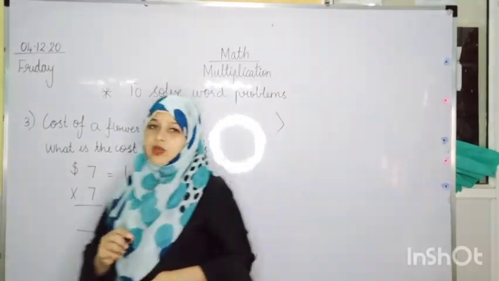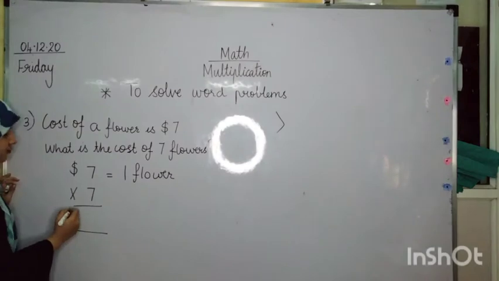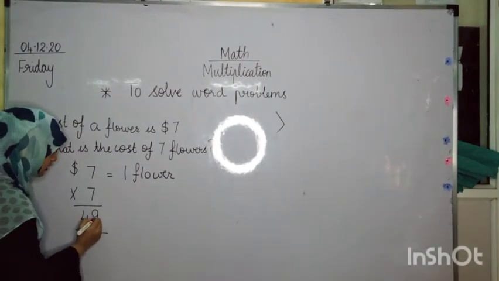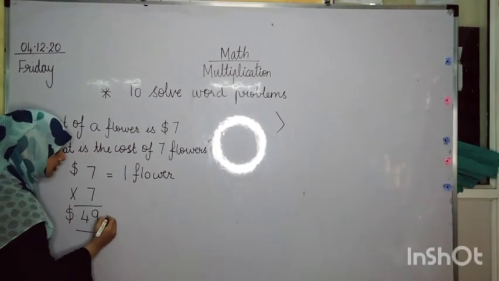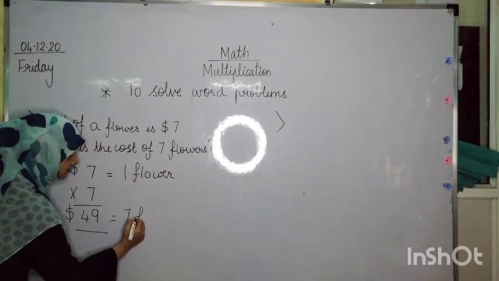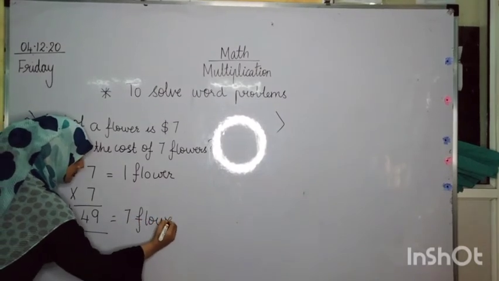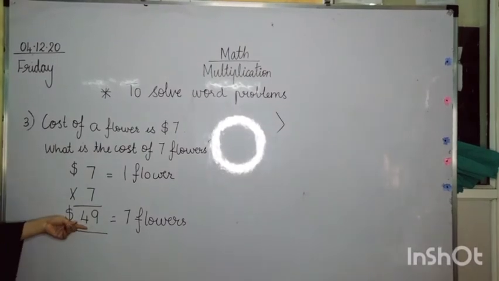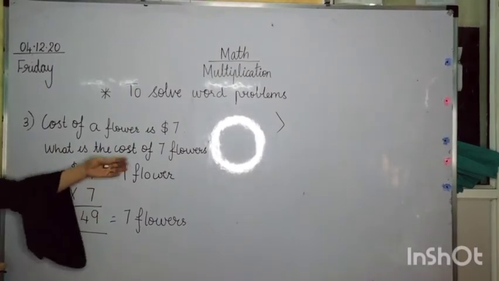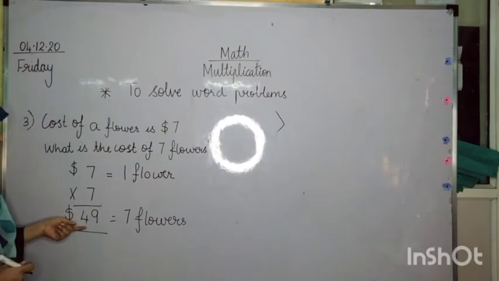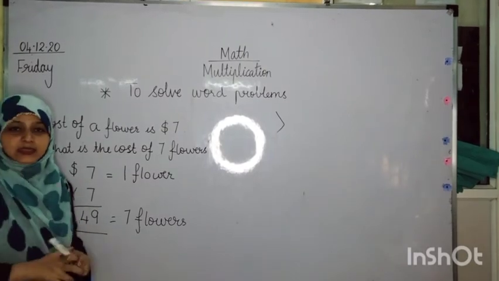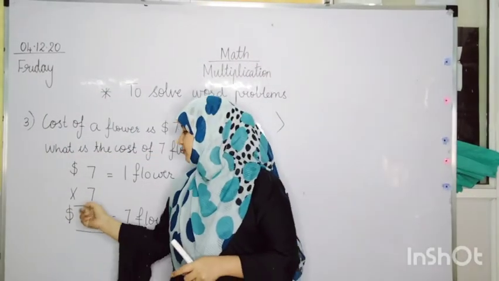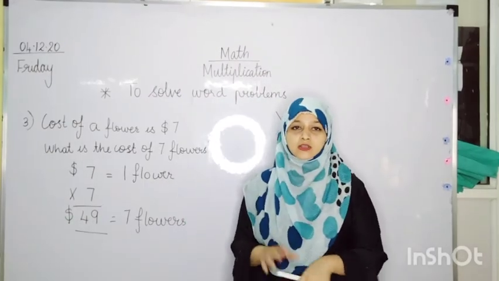So we know that the cost of 7 flowers is $49. So we know that if we go and buy 7 flowers, it is going to cost us $49. This sum will become very easy if you learn your tables thoroughly.